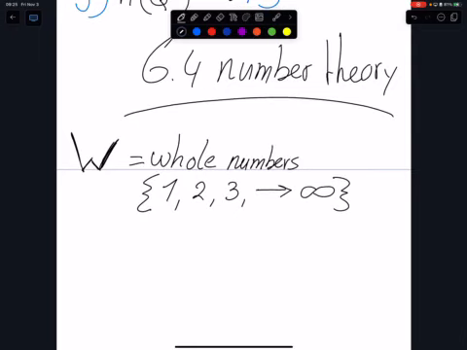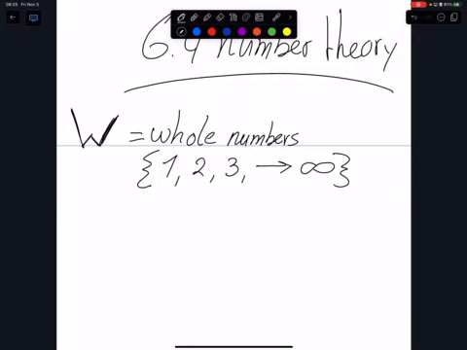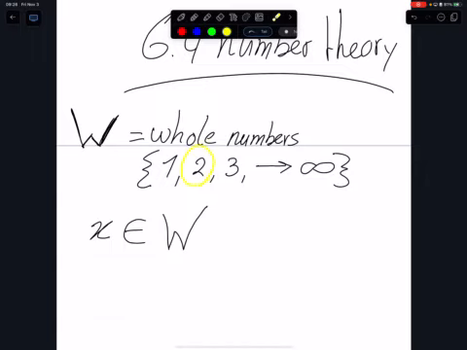So in an exam, they can ask you to give the answer. They can say, for example, X is an element of W. So if your answer is 1.5, you have to round it off to 2 because your answer has to be a whole number.